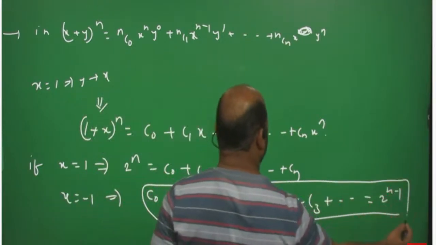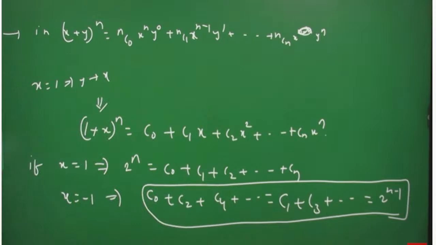Sum of odd coefficients and sum of even coefficients are both equal, and each is equal to 2 power n minus 1. Shall I move to the next? Clear?